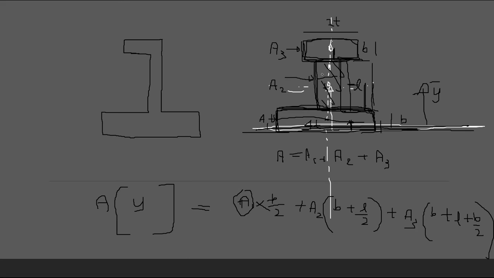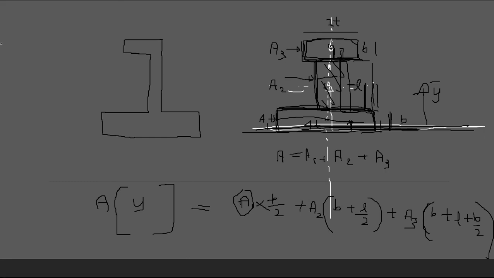This area is A2, let's say that's actually L times T. If you want, you can substitute. For that, you have a distance of B plus L by 2. And for A3, you have B plus L plus B by 2 for that centroid.